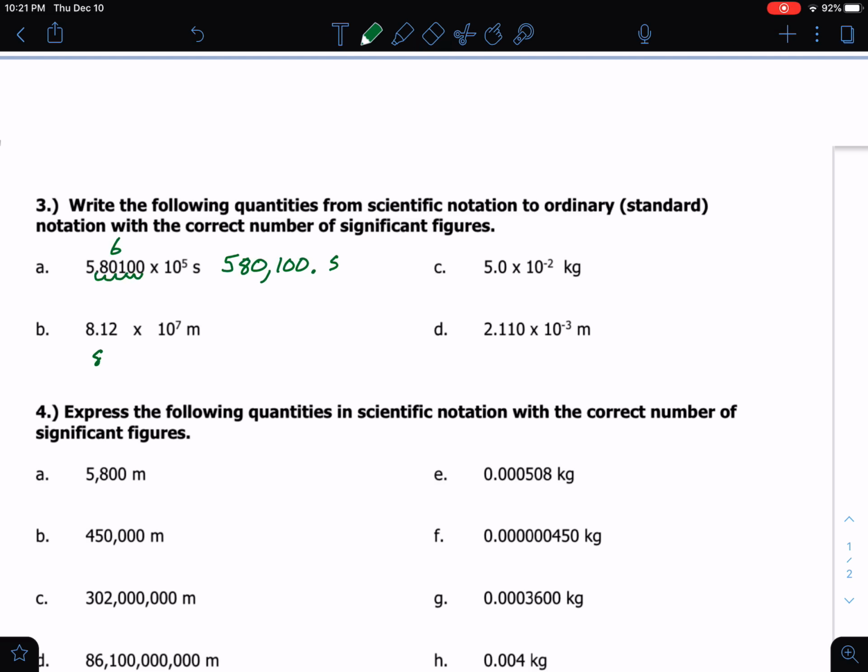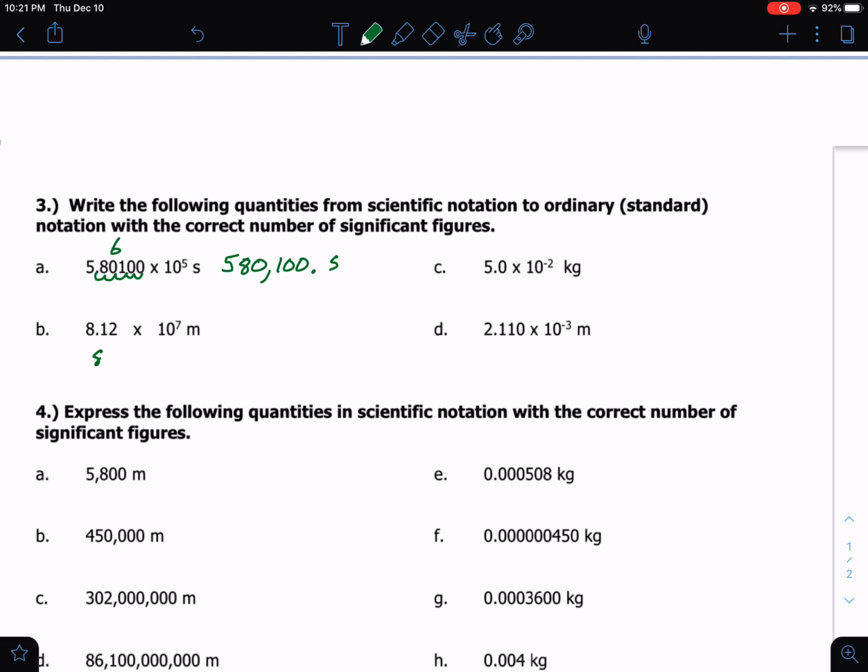Your number should always be between 1 and 10, so this is going to be 5.8 times 10, and however many you went over by. We went over by 1, 2, 3, so this is going to be a third power. Then this is meters, so we have to leave our units in. I only had 2 significant figures to begin with, and I have 2 to end with, so I am good there.